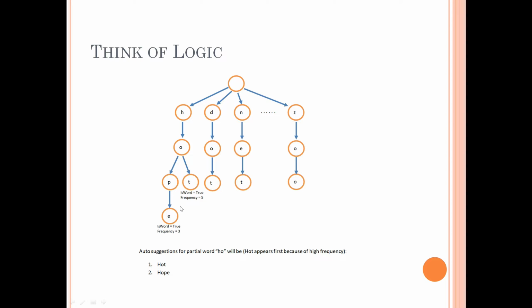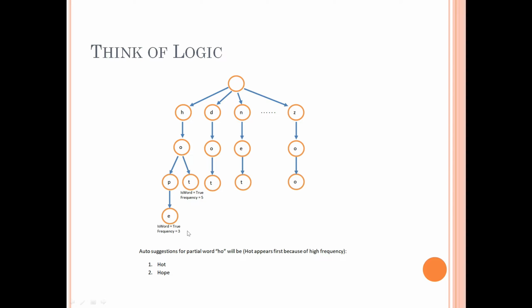So frequency will be an integer, and suppose someone enters the word hot again, so first we got hop, then we got hot, and somebody wants to insert hot again, at that time we know the word is already there, so we'll just iterate through this, and at the leaf node we'll just increment the frequency of it.